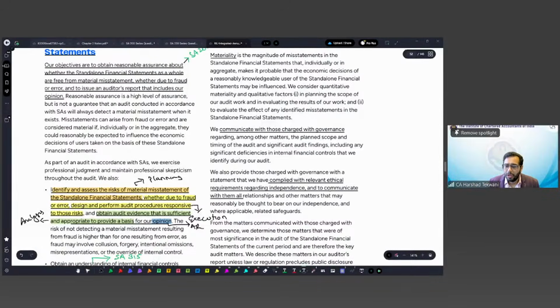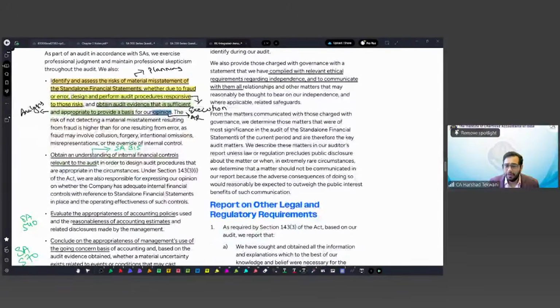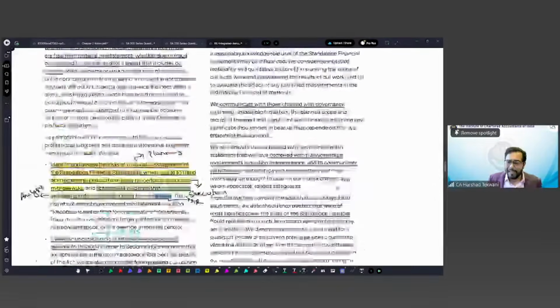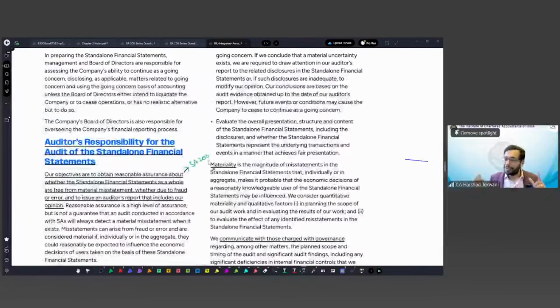Then we are talking about key audit matters over here, like most significant in the audit of financial statements. So there are multiple things that we are talking about when it comes to our responsibility. But these are the things which are already there as a part of the process of the audit. So whatever we will discuss as a process of the audit, it will become your responsibility also, that you have to do as an auditor.